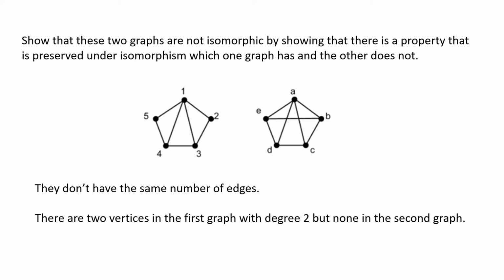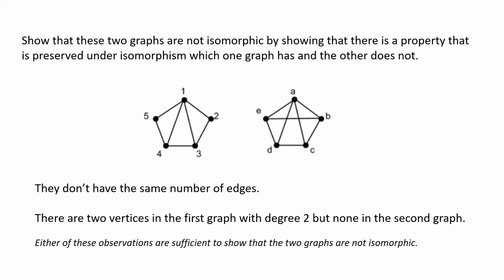But in the second graph, all of the vertices have a degree greater than 2. So there's no corresponding vertex with that same degree. Either of those observations is sufficient to show that the two graphs are not isomorphic.